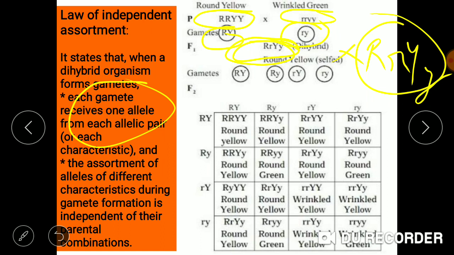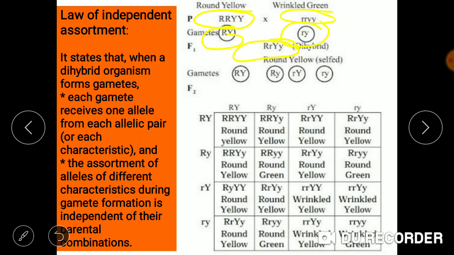Now for the gametes, each gamete will contain two alleles representing different characters, one the appearance and the other the color. So we will take capital R and capital Y first, one for appearance and one for color.